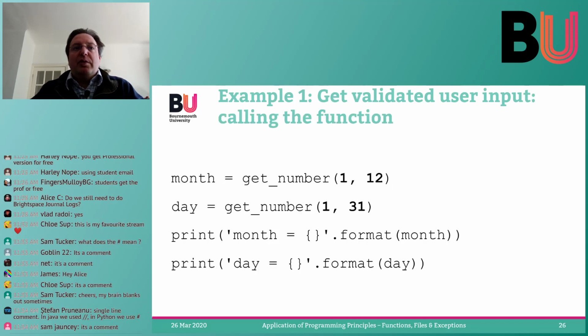And then you can do something like, okay, for a month, get a number between 1 and 12. For a day, get a number between 1 and 31. And that 31 does not have to be a literal. If you want to do this even better, you can say, okay, after I got the month, I'm going to check for the month how many days that month has, and then I'm going to pass that amount of days into the getNumber for days so that it becomes dynamic depending on what month the user gave.